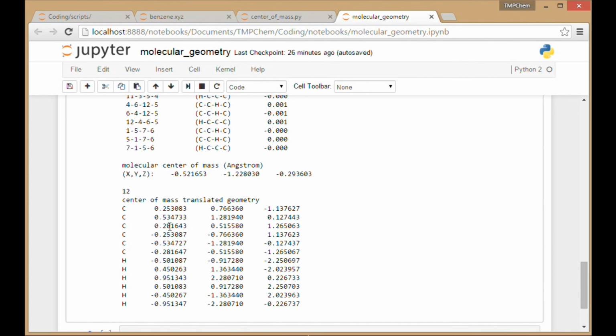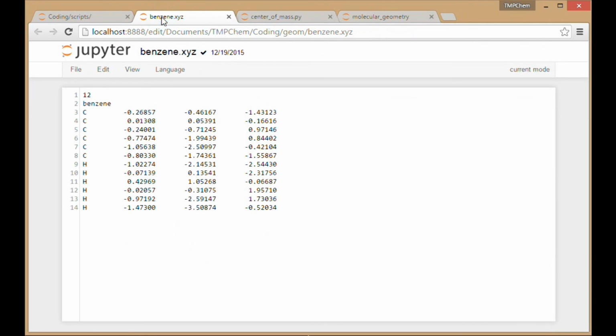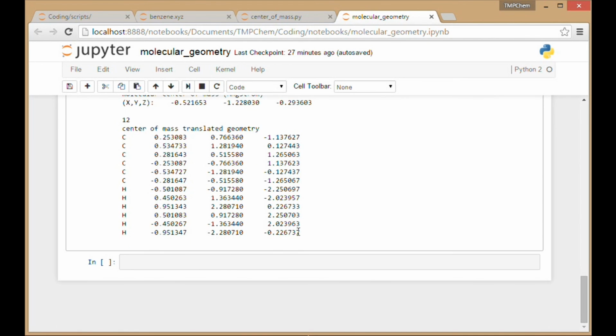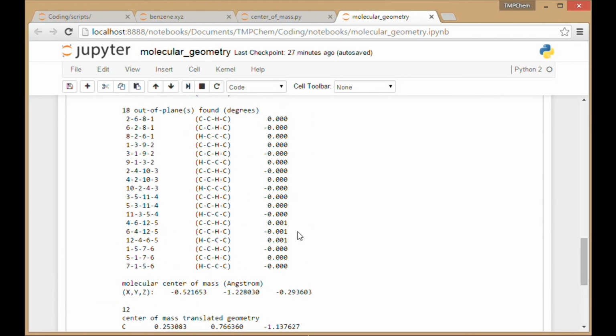There they are. And we have translated our molecule to that center of mass. If you compare here the values, -0.26 versus the 0.25 it ends up being, that's because we translated by -0.52, adding 0.52 there. Okay, so that is the basics of center of mass for molecules.